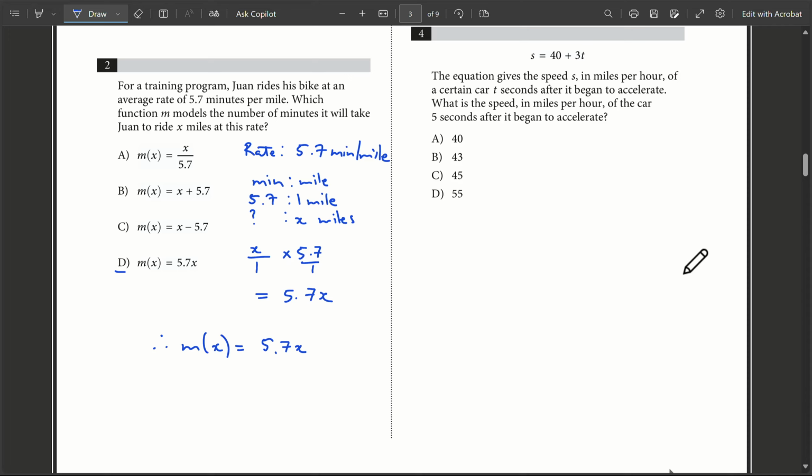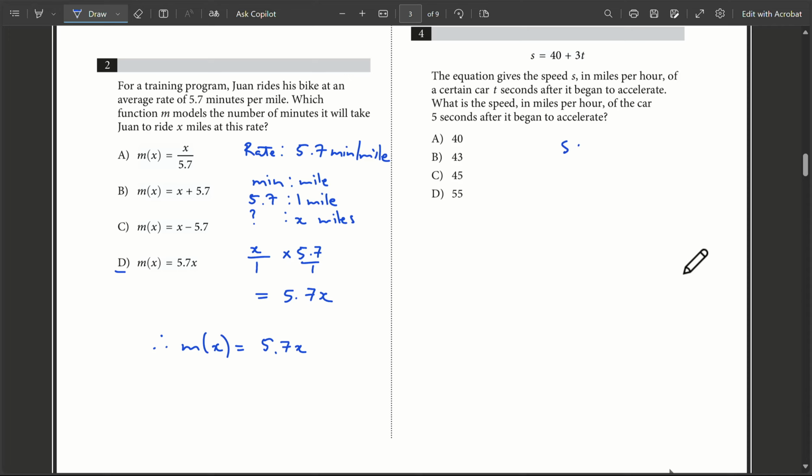Then number 4, S is equal to 40 plus 3t. The equation gives the speed S in miles per hour of a certain car t seconds after it began to accelerate. What is the speed in miles per hour of the car 5 seconds after it began to accelerate?